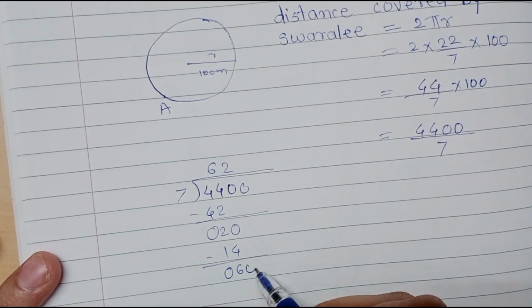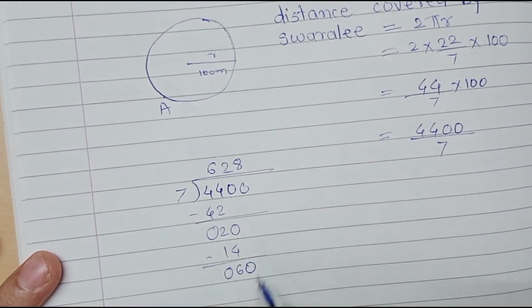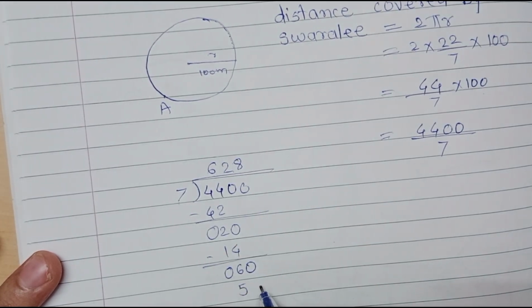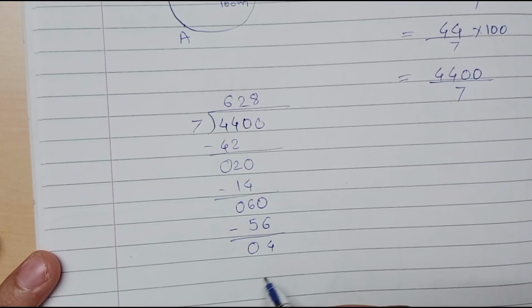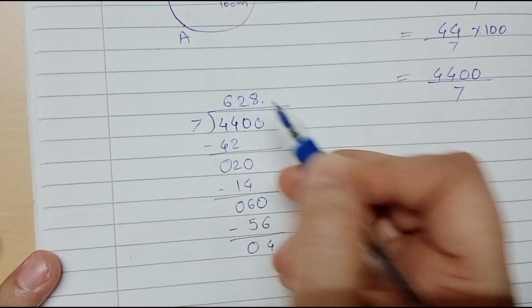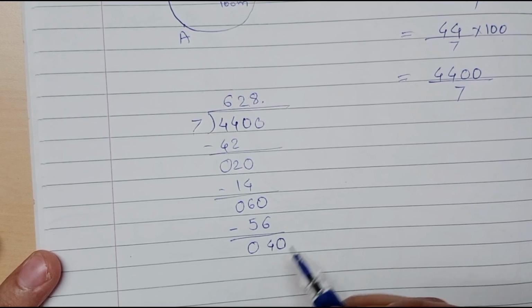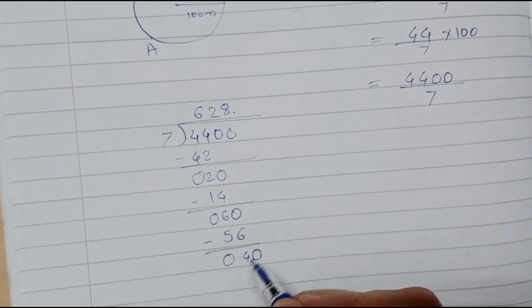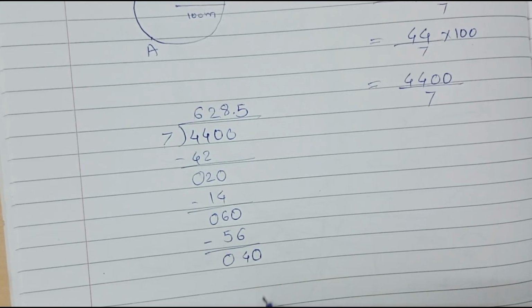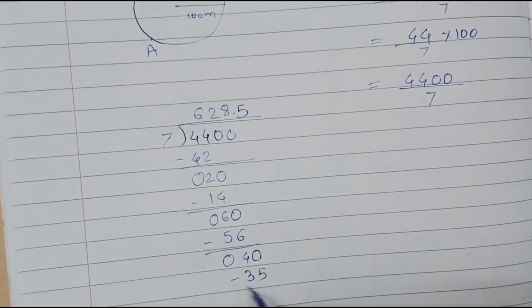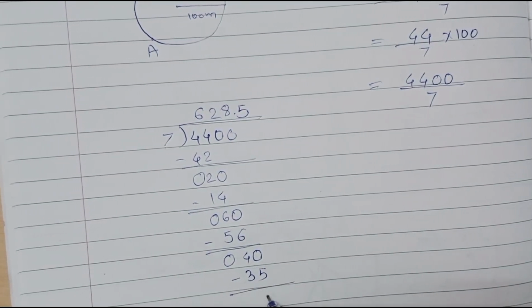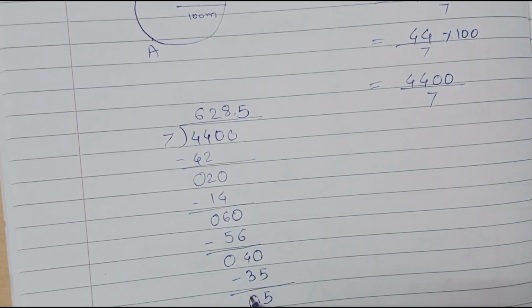Again we take 0 here. 7 8s are 56. 4 will be here and 0 is here. For dividing, we put a decimal point and then take a 0. Then 7 5s are 35. So here 5 will remain and then here will be 0.